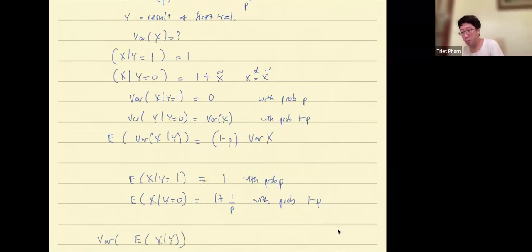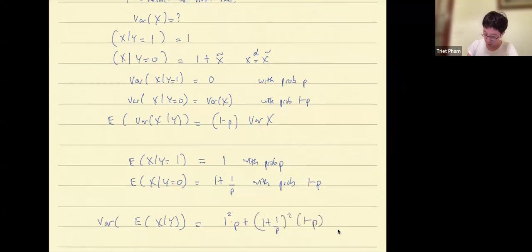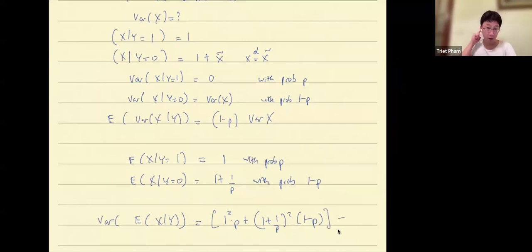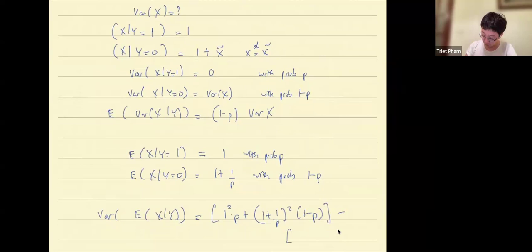Well, you have nothing better to do than just to apply the formula, which is the expectation of the squared, really 1 square, minus the square of the expectation. Okay. Any question?